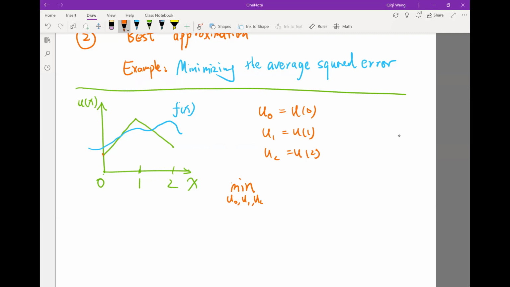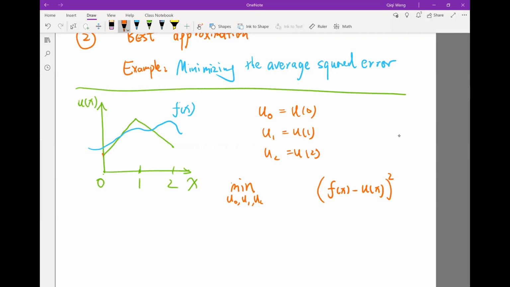Mathematically, how do I write down the averaged squared discrepancy? First of all, I want to write down the discrepancy: f of x minus u of x. That's the discrepancy. The squared discrepancy is that, squared.